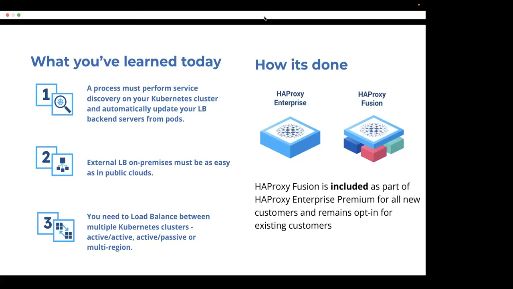With this integration, we're basically bringing the same ease to on-premise. So it basically works exactly the same way, with the addition that the configuration can be customized as well. While in the public cloud, you just get an ELB and it's what it is.